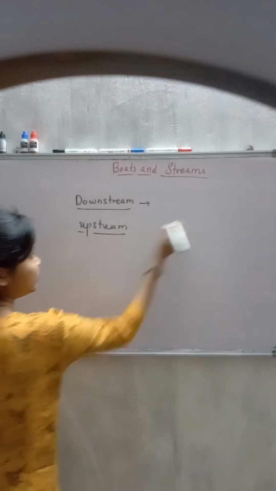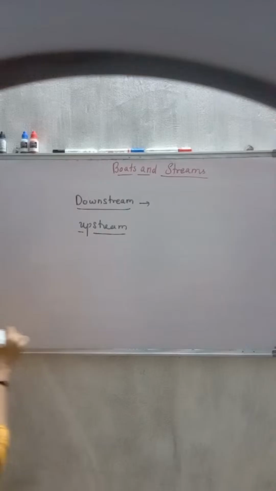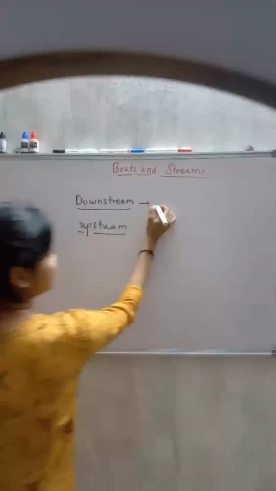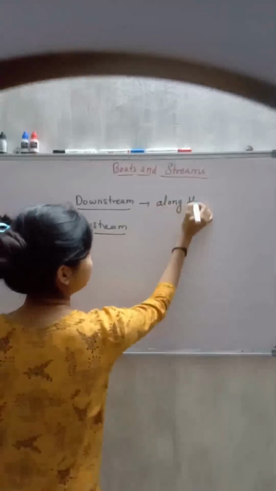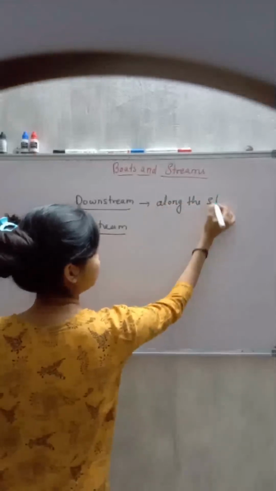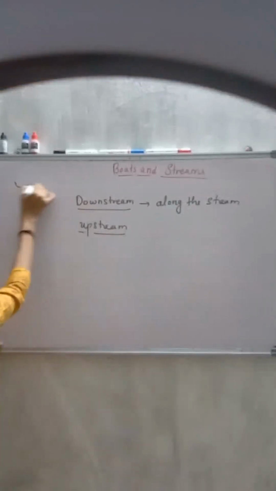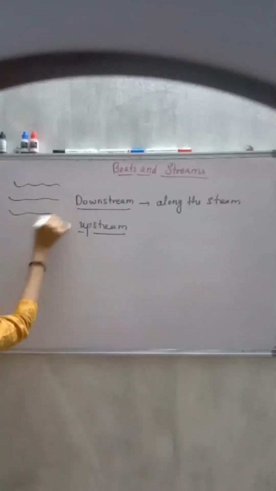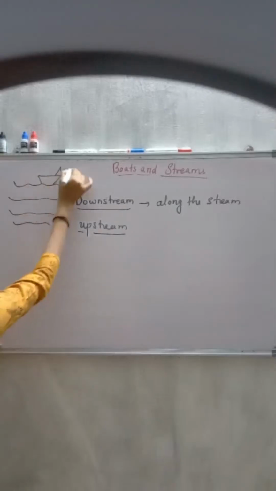We know in water the direction along the stream is downstream. Suppose we have this stream and this is our boat.